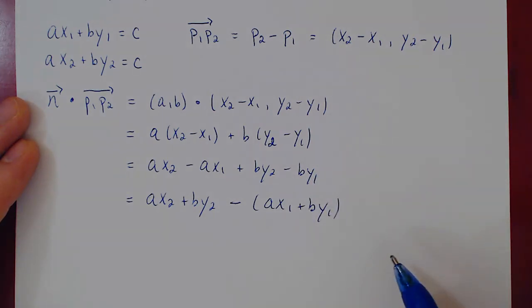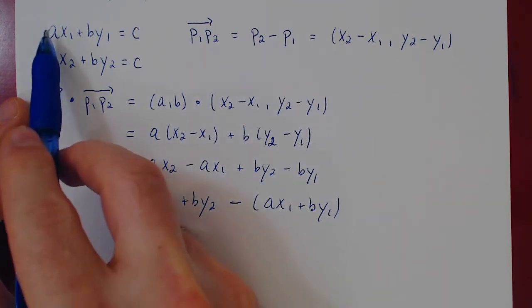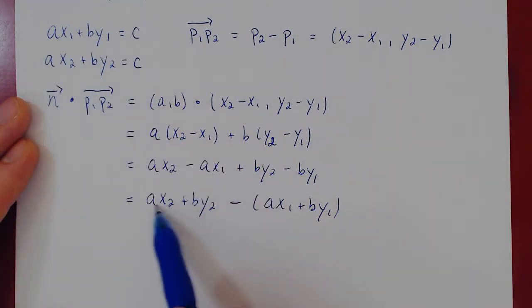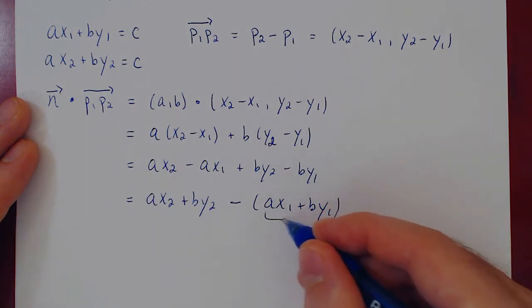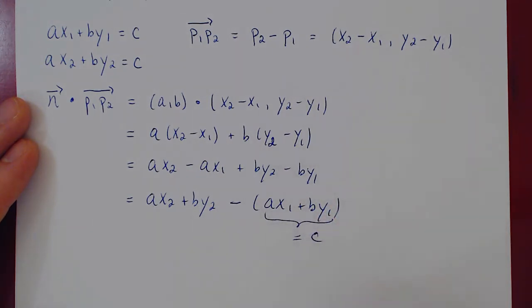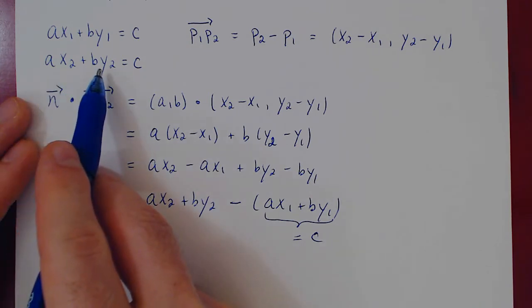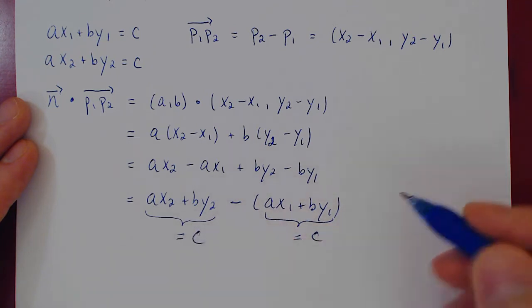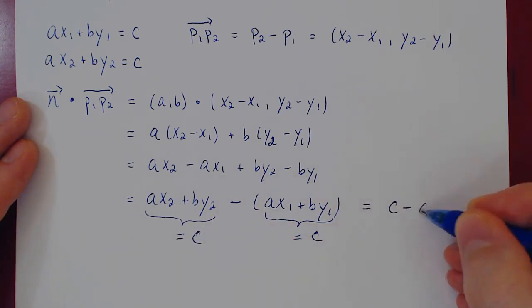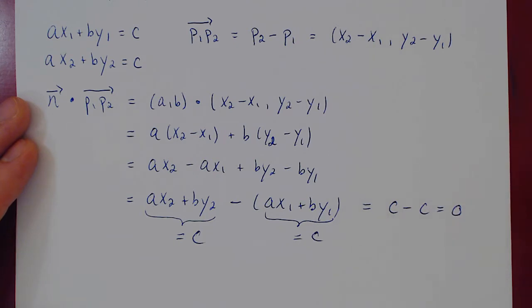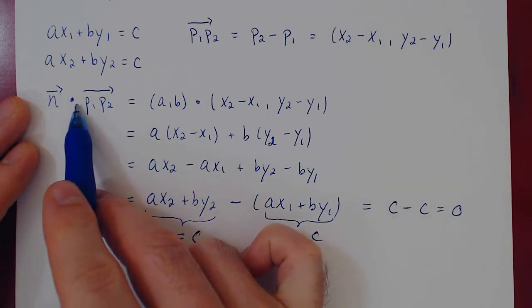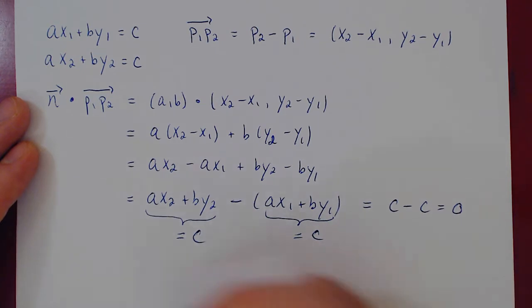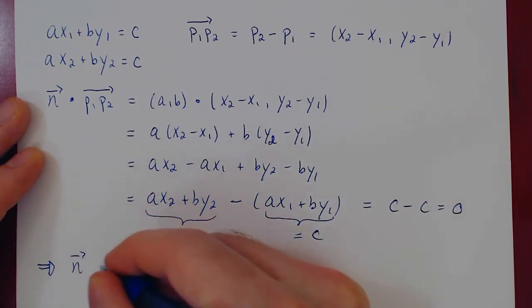But if you just look up, because both points were solutions to the equation of the line, a x1 plus b y1 equals c. And the same goes for a x2 plus b y2. This also equals c. So in the end, our dot product is equal to c minus c, which is 0. And so because the dot product between n and P1P2 is 0, automatically the two vectors are perpendicular.